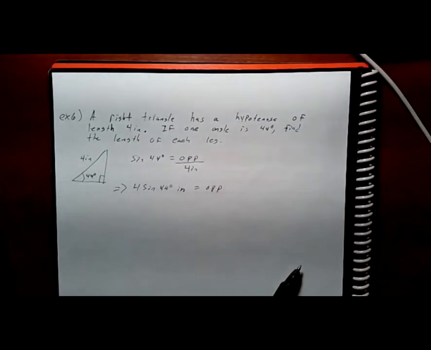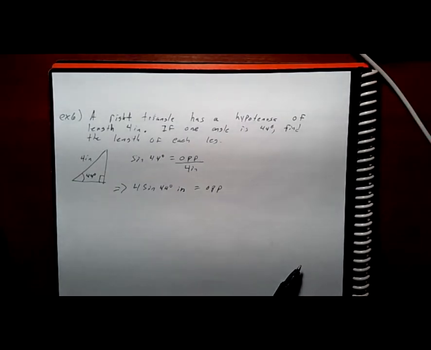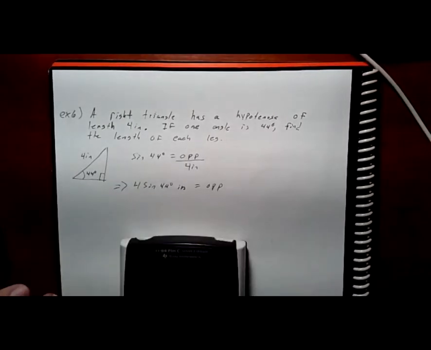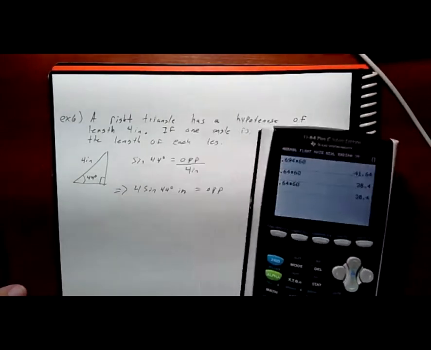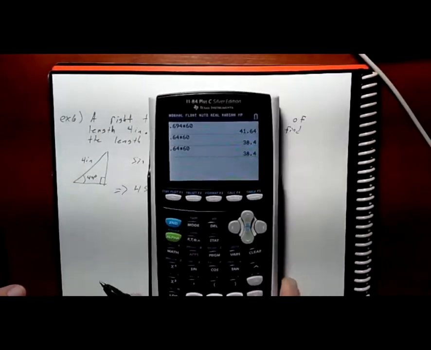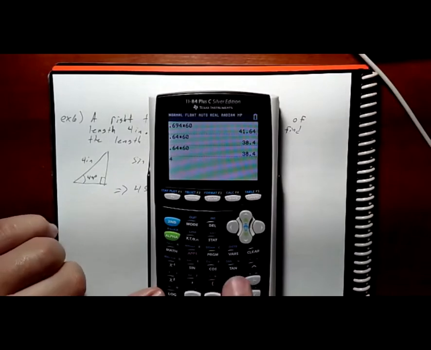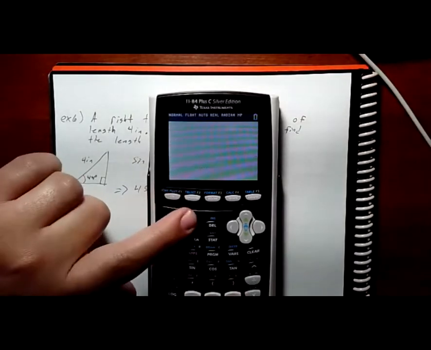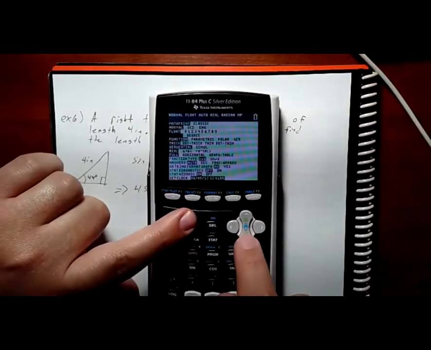Let's pull out a calculator. So in this section, you will need at least a scientific. Okay, so 4 sine 44 is what we're going to do. Let's check if we are in degrees, and we are not.